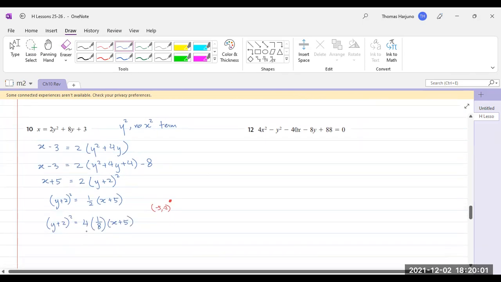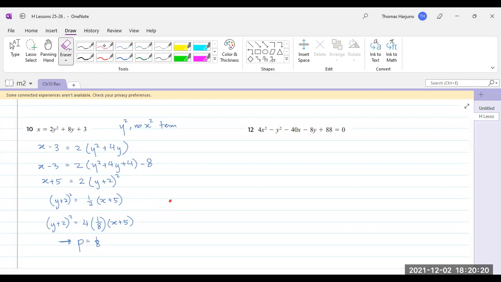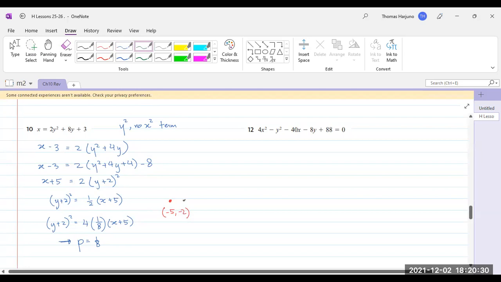Right? So once you have that, the y part squared equals 4 times p times (x plus 5), then from there you can read p is 1/8. Okay, p is 1/8, which means if this is the vertex, (-5, -2), then we will move 1/8 unit to the right to get the focus.